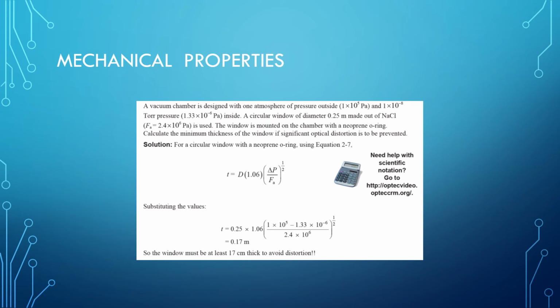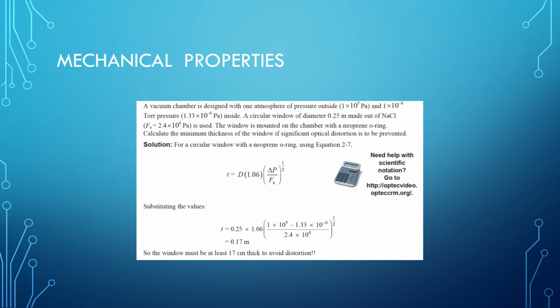As an example here, we say a vacuum chamber is designed with 1 atmosphere of pressure outside. So 1 atmosphere is 1 times 10 to the 5th pascals, and 1 times 10 to the -8th torr of pressure inside.